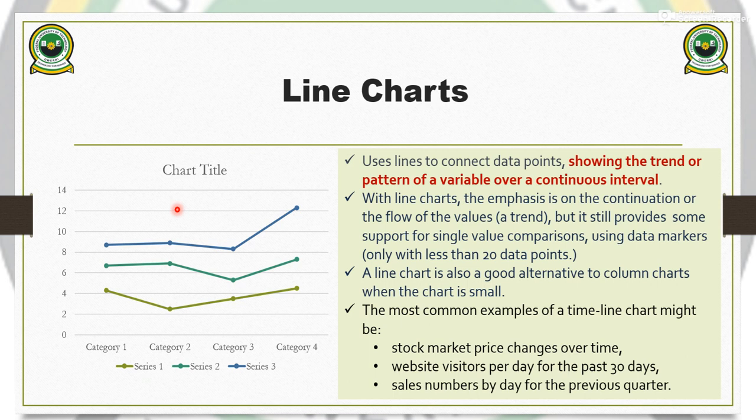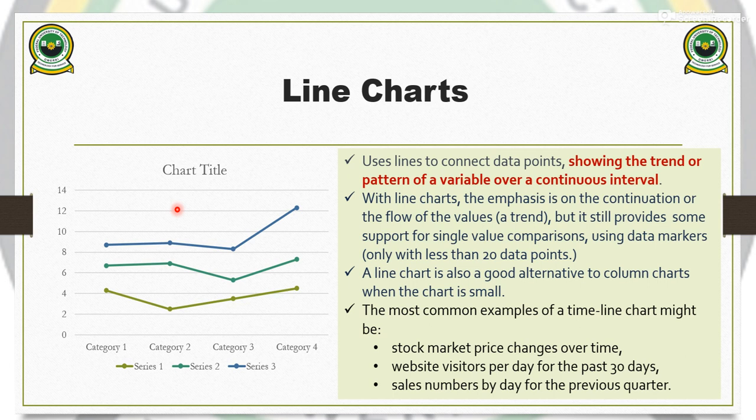What is the behavior of this variable over maybe weeks, months, years? What is the behavior of the market price over certain seasons in the year? If you want to plot something like that, then the line chart is best suited for that.